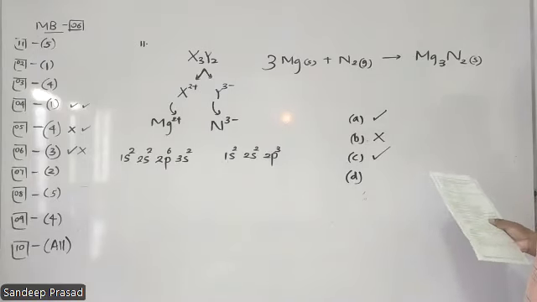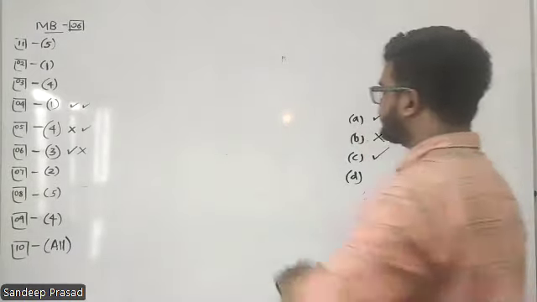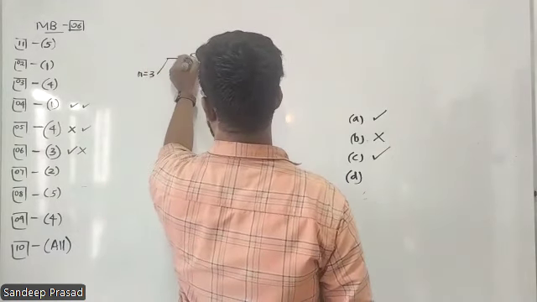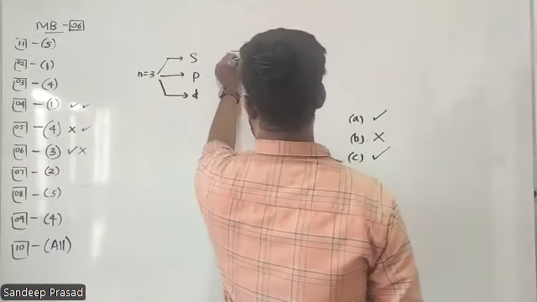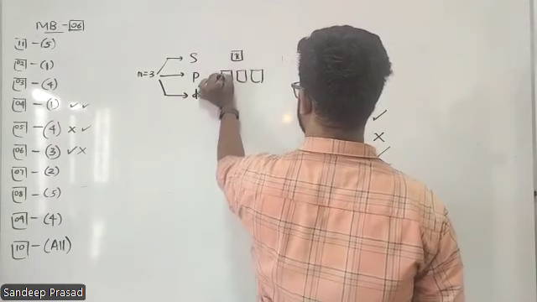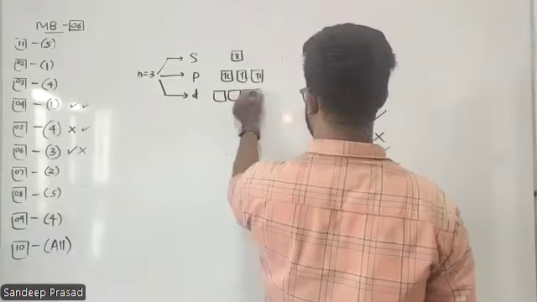Students, third principal energy level is containing how many sub-energy levels? Third principal energy level is containing 3 sub-energy levels, S, P, and D. In S orbital, we know that there are 2 electrons, here 6 electrons, and there are 5 D orbitals.